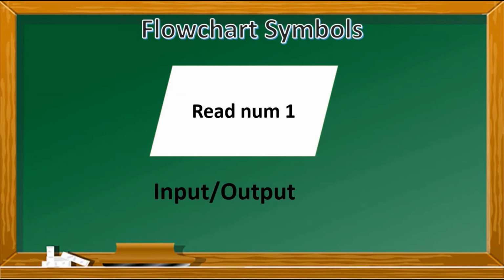And we just recently showed this in the IPO, where we had the first number that would have been an input, and then the sum would have been an output. So this indicates that it is just the same diagram that they use to show that you have an input and you also have an output. And there is an example here which says read num, which would indicate that this was the first number that the user entered.